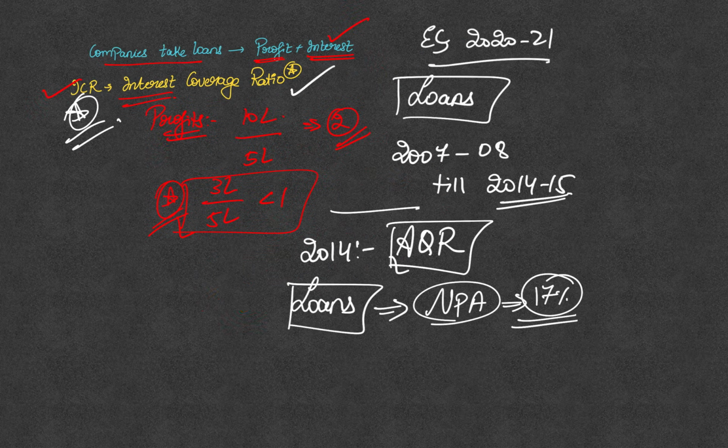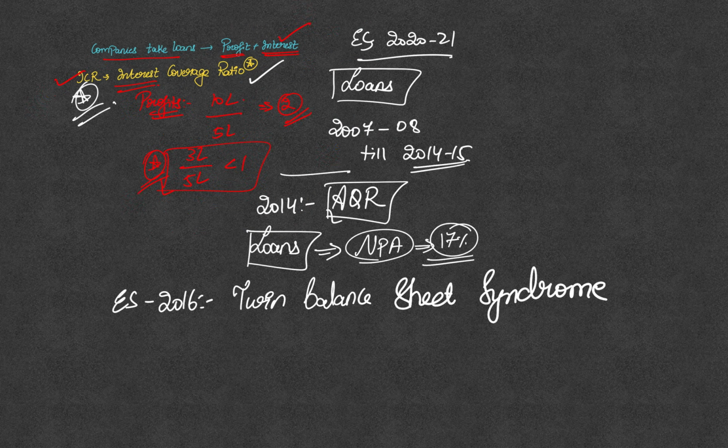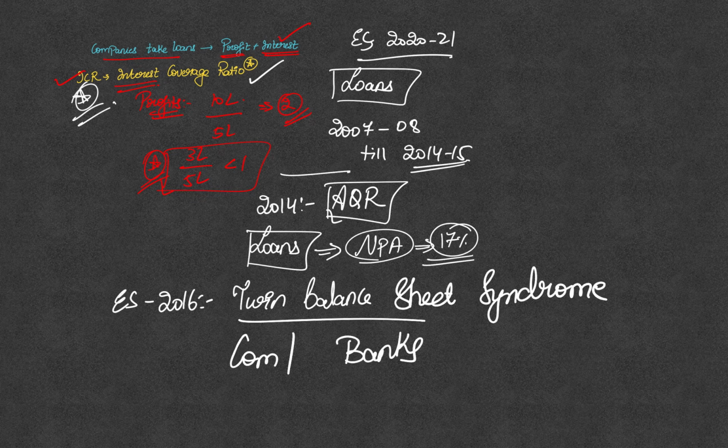So talking about this, in Economic Survey 2016, we call this crisis the twin balance sheet syndrome, because the banks were exposed to bad businesses, not only the companies but also the banks. Both the balance sheets are under severe stress and the economy was under severe pressure.